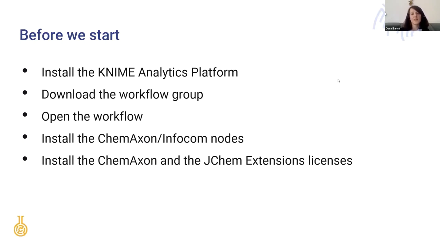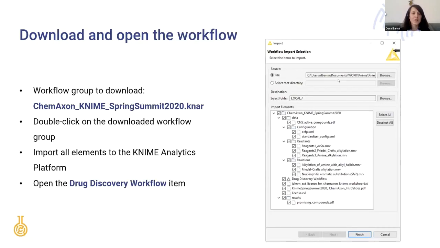After that, please download the workflow group file. The download information was sent out in an email yesterday afternoon, and today a reminder email was sent with the download link. So the workflow group file is this one that you can see here.